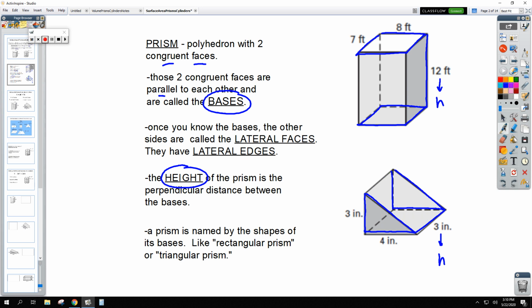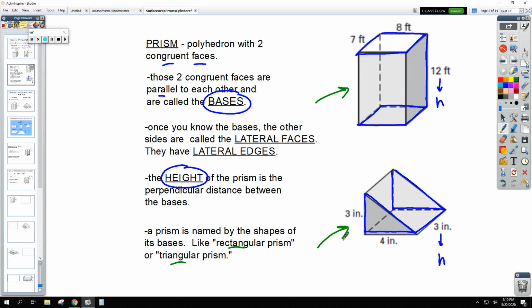Being able to identify the bases and the height is probably the most important part of surface area for these prisms. Once you've identified the bases, you can properly name the prism by that base. For example, this is a rectangular prism because its bases are rectangles, and this is a triangular prism because its bases are triangles.